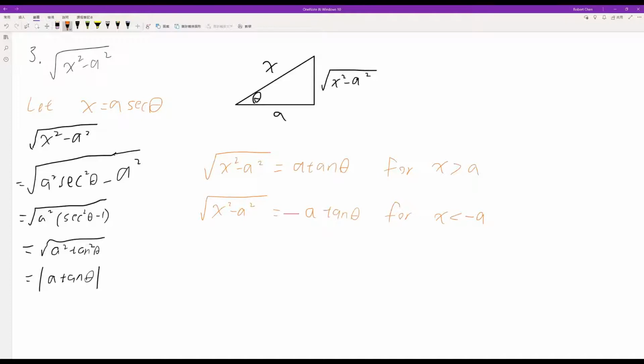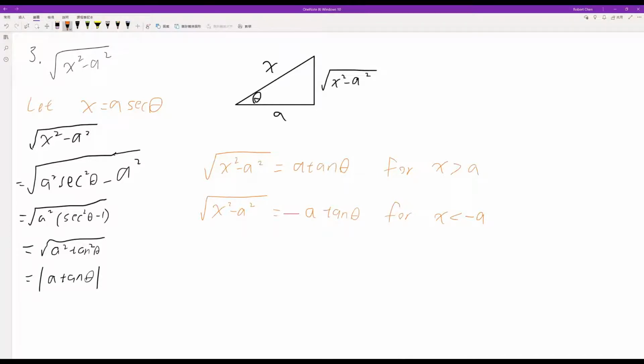So absolute value wise, x is still greater than a, so this radical will still be defined. It's just that when x is less than negative a, we will have a negative value from a tangent theta. Therefore, we need to add an extra negative sign to make it positive. So that's equal to this radical over here.